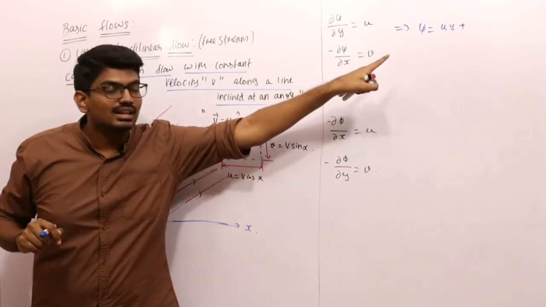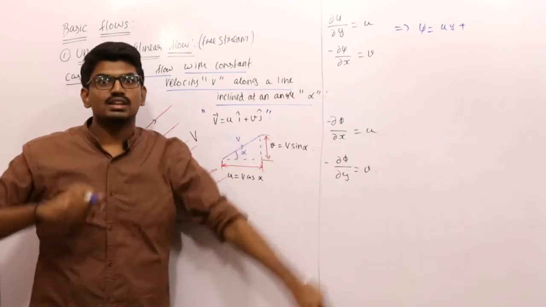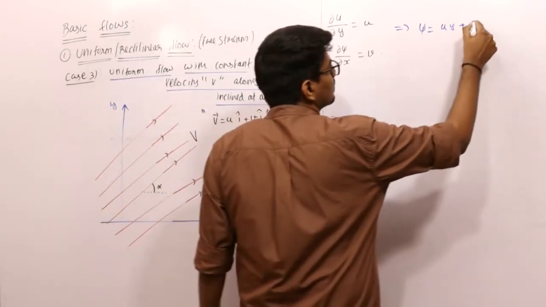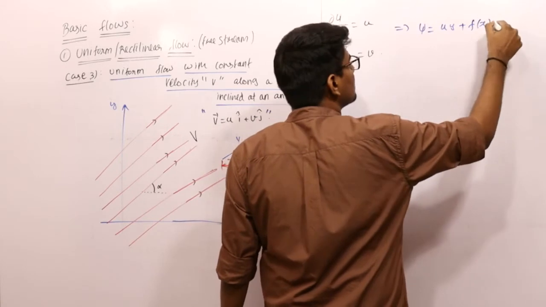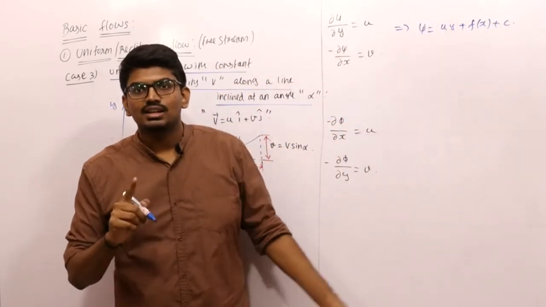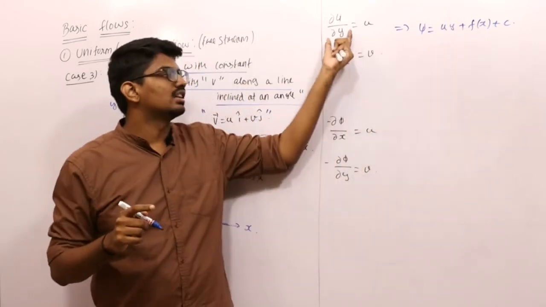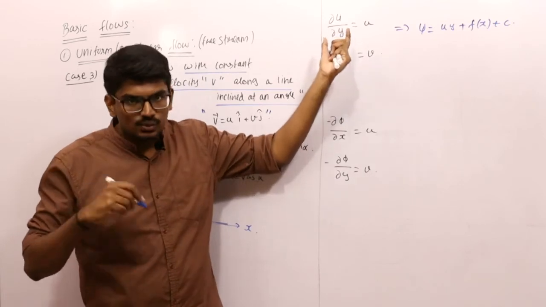So the integration constant which I am going to get may be a function of x also, or maybe a general constant. Please understand why I am writing f of x here. Because it's a partial differential equation.